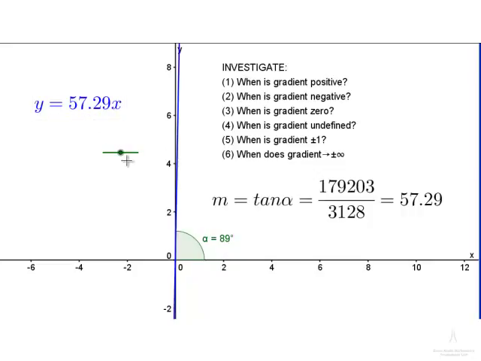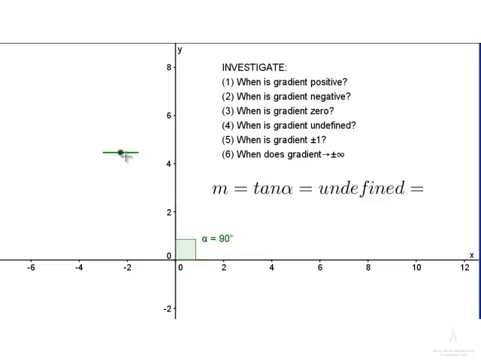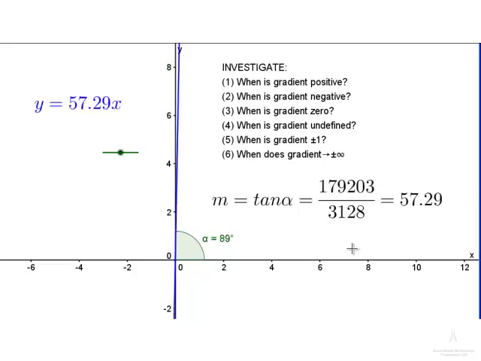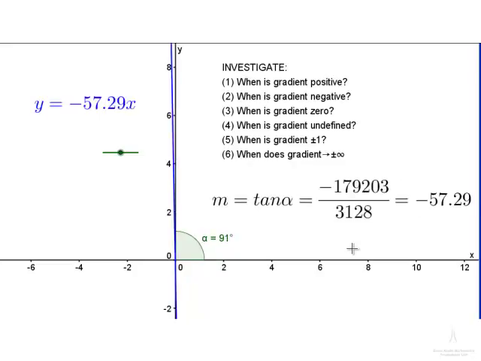One thing I would like to show, if I just move to 90 and then on that side, see, when the angle is 91, 1 degree more than 90, but now in the second quadrant, the gradient is negative. If it's 89, it's the same value but positive: 57.29 versus minus 57.29.